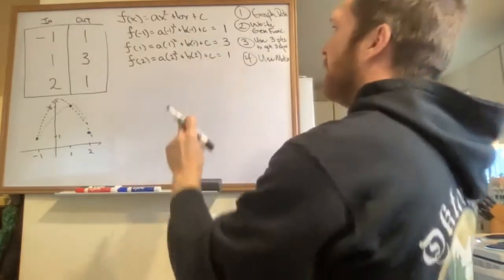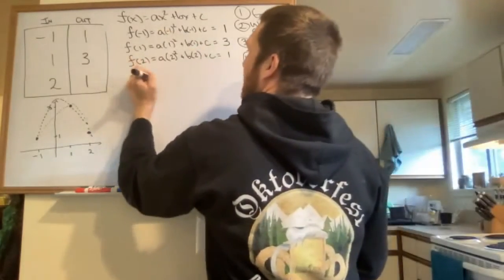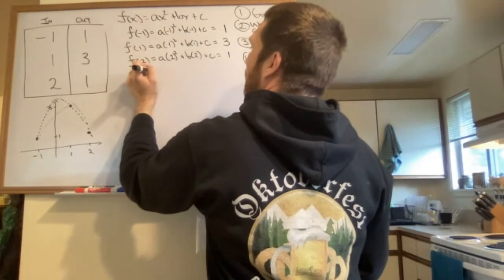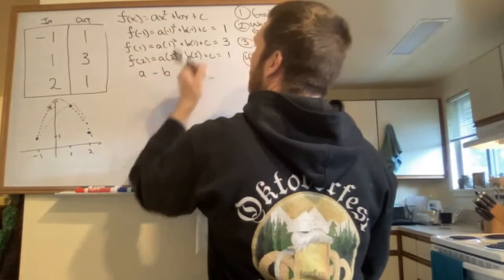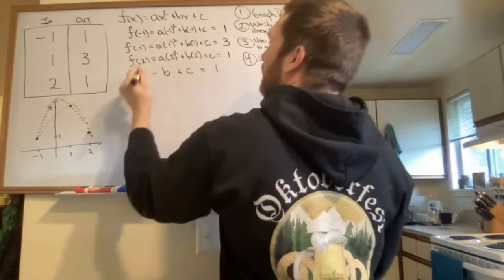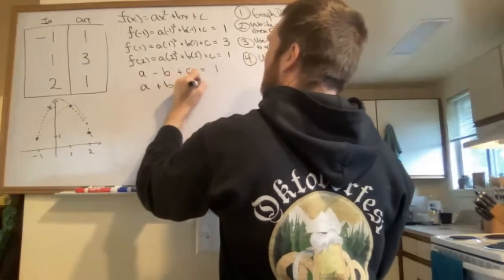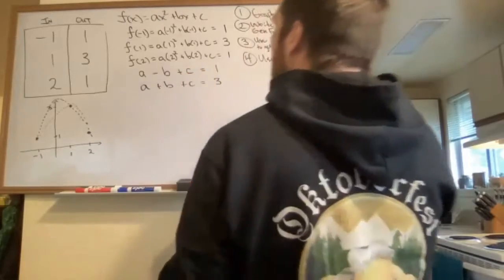Cleaning this up, a times (-1) squared is just a. b comes out to -b, and then plus c equals 1. This is easy. a plus b plus c equals 3.